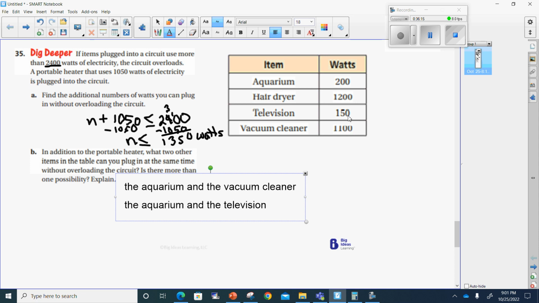Oh, the vacuum cleaner and the television could also go together because that would just be 1,250, right? So I can put as well the vacuum cleaner and the television.